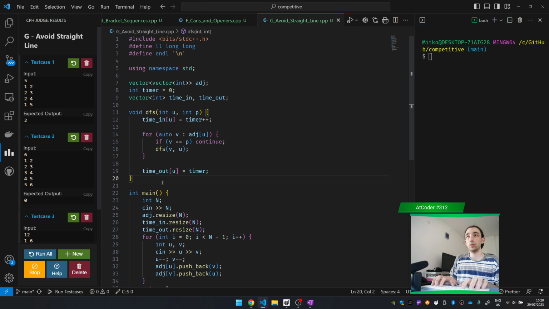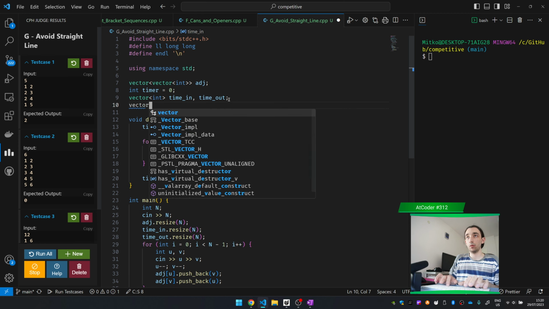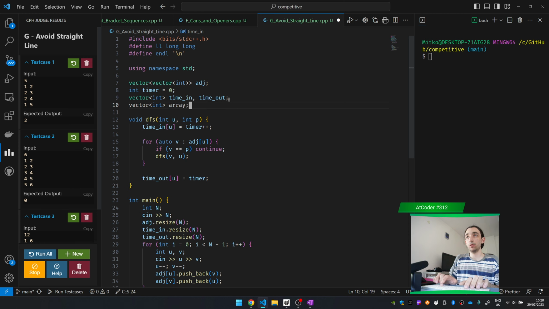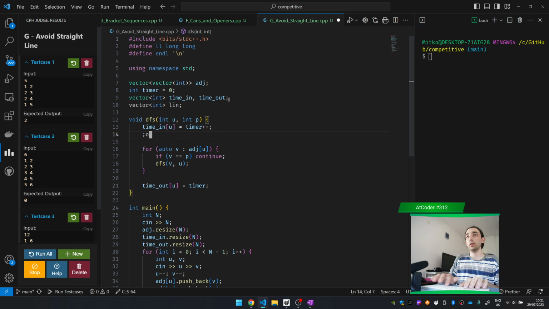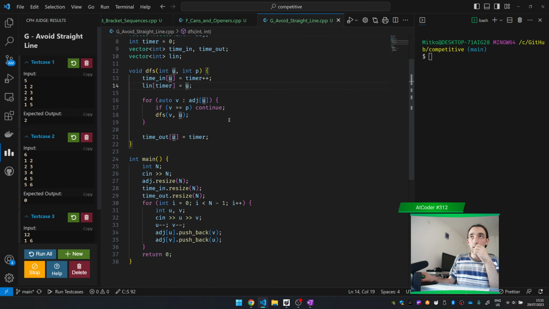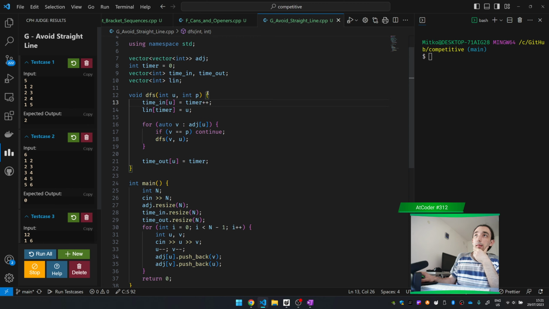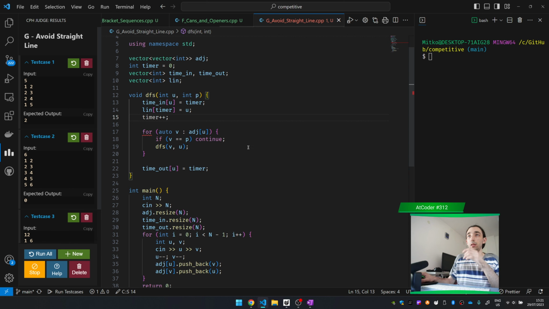So we want some array here, like let's say this is the linearization, then linearization at timer is U. This is the linearization at timer plus like that.